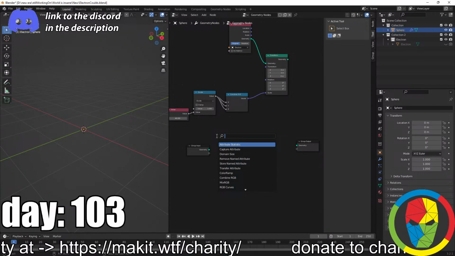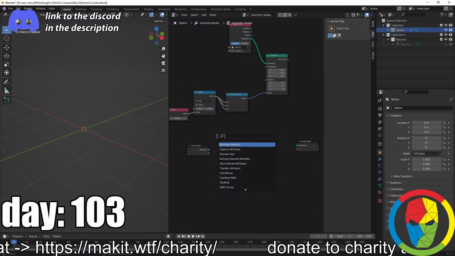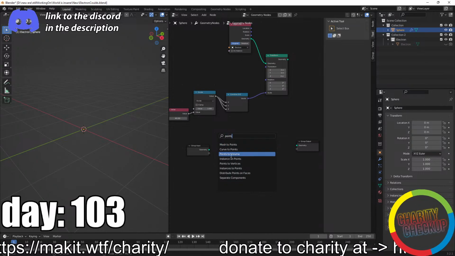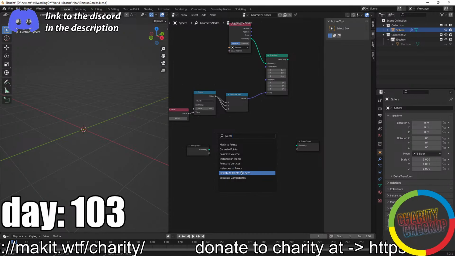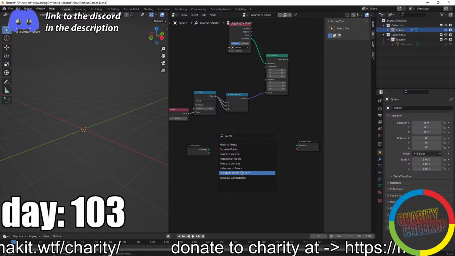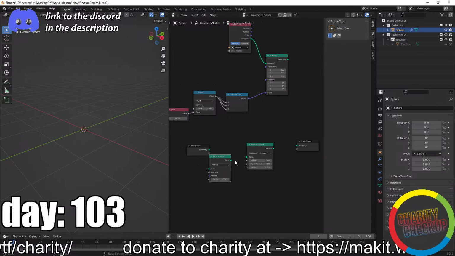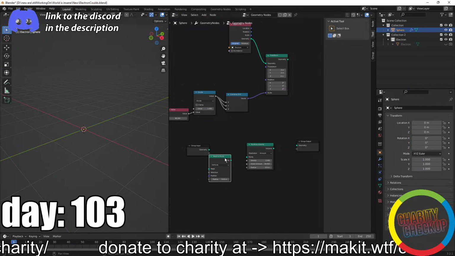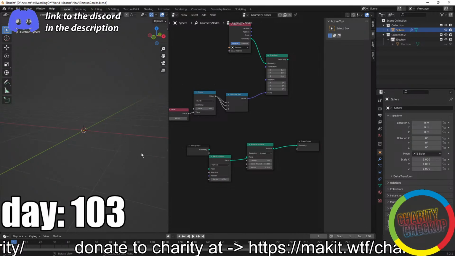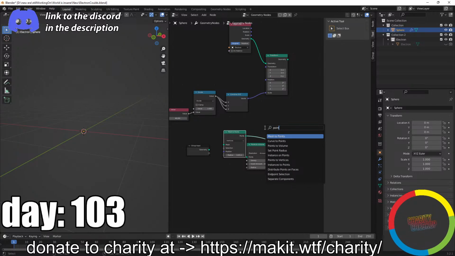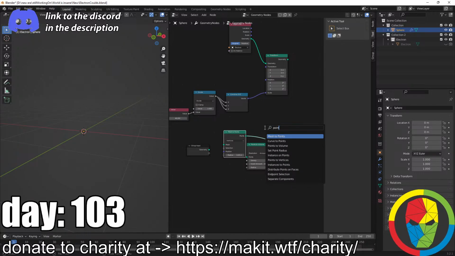First of all, points. What's the thing? Instead of points, distribute points not on faces. Mesh the points. How would that work? Point instances to points.